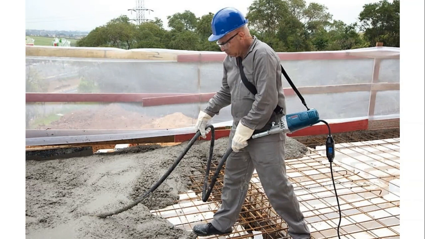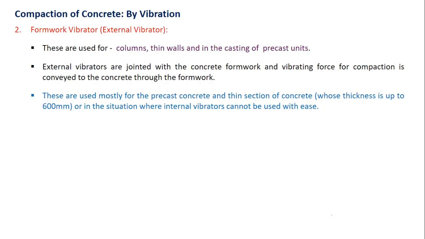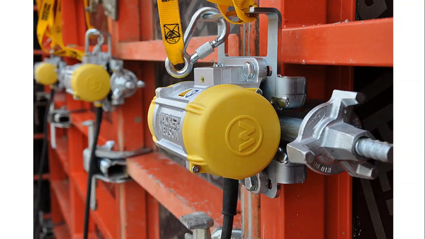And the second one is the form vibrator. As you can see, when a beam or column is being constructed, we have a supporting formwork made of wooden planks, right? On the left side, right side, or bottom, we give support to the concrete, right? To achieve a shape.